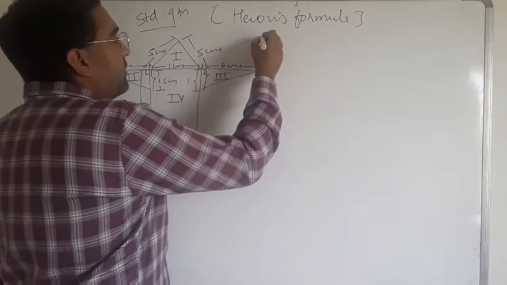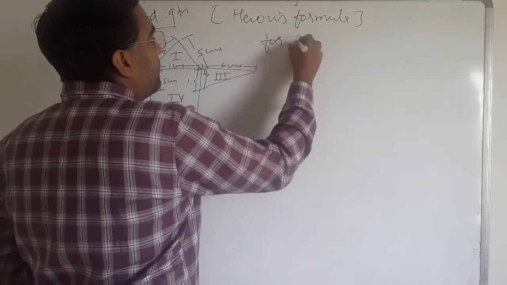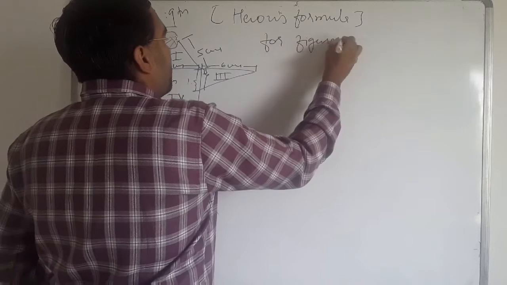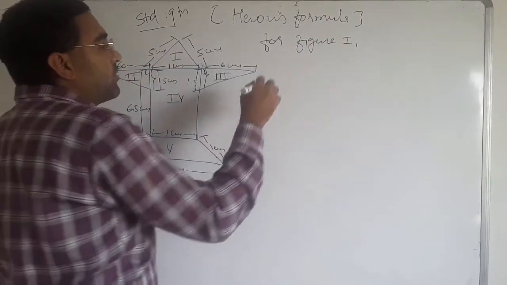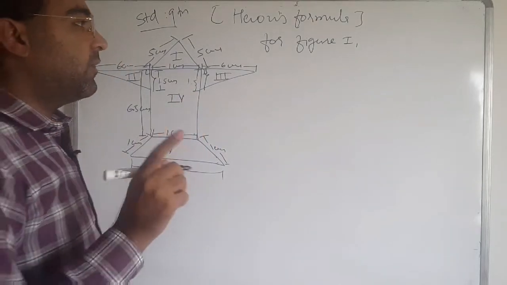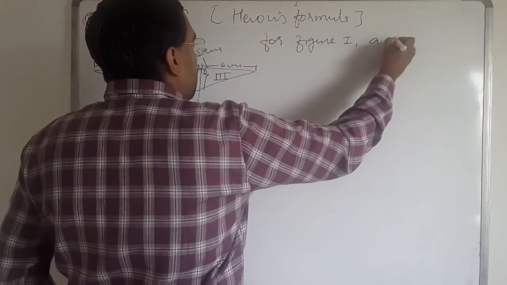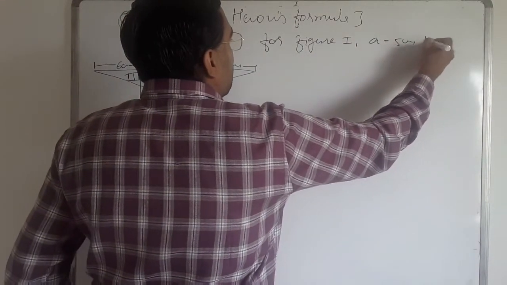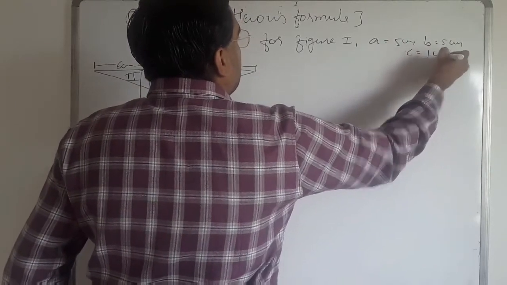For figure 1, there is a triangular figure. For a triangle with all 3 sides given, we know there is Heron's formula. The sides are first 5 centimeter, second also 5 centimeter, and third 1 centimeter.